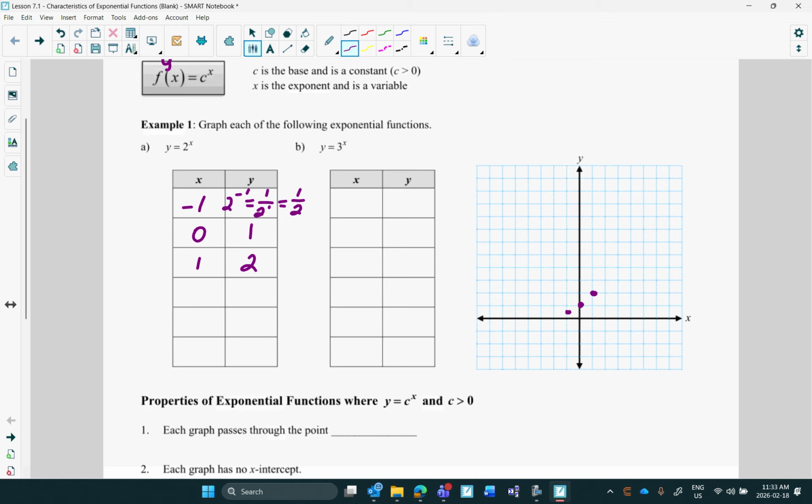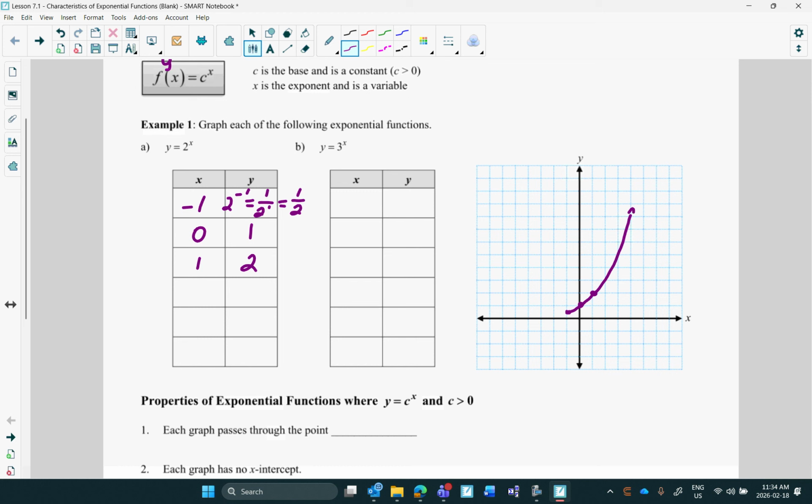Well, that gives us an idea that it's going to be a curve. Okay? And you can see it's going to take off like that, because if you think about 2 to the second, it's 4. 2 to the third, it's 8. It keeps getting higher and higher and higher every time I add an x.